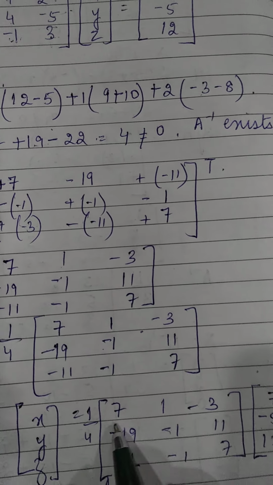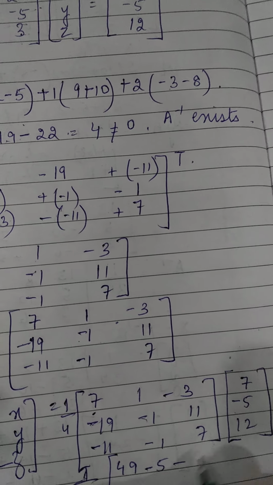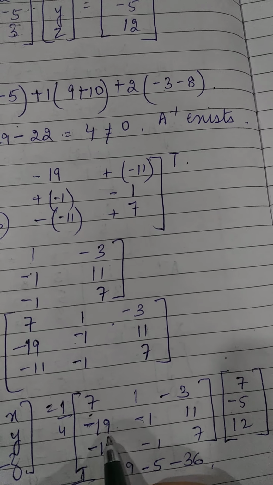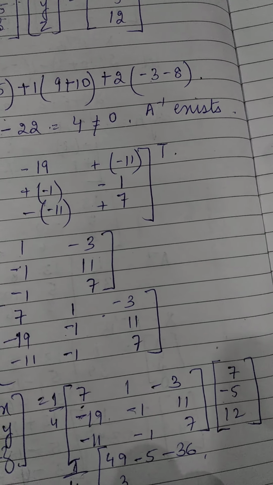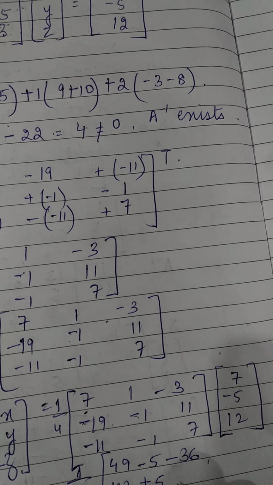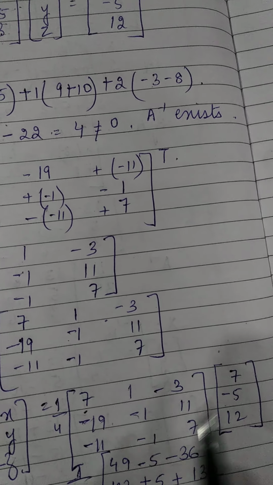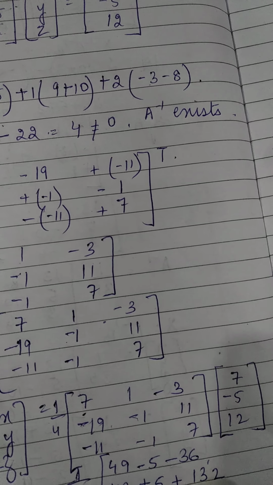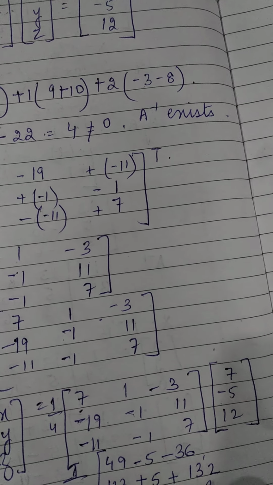Finding the product: 49 minus 5 minus 36. Likewise, minus 133 plus 5 plus 132. Likewise, this is minus 77 plus 5 plus 84.